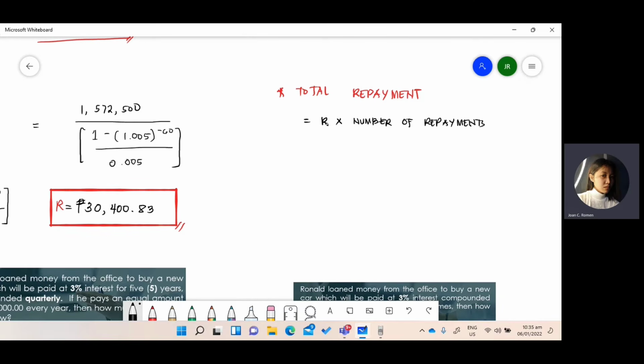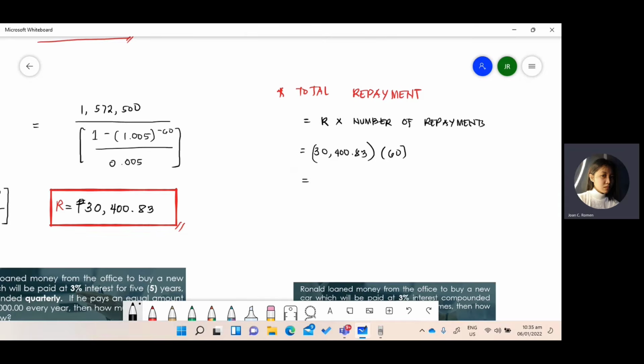So we just multiply the repayment, which is 30,400.83, by the number of repayments, which is 60, because you will pay it within 60 months, within 5 years. And since that is compounded monthly, 5 multiplied by 12 is 60.